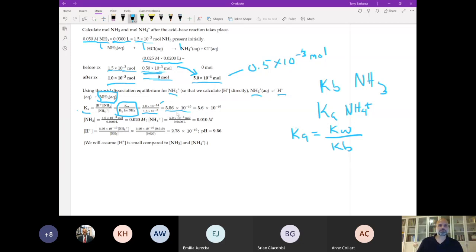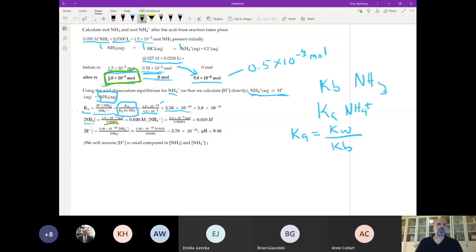We then need to plug in. We know what the Ka equation is because we got that from our overall equation of the reaction. So we need our concentration of our ammonia. Our concentration of our ammonia is going to come from the number of moles that we have in solution, dividing that by the total volume of our solution. The total volume is going to be the quantities that we're adding together.